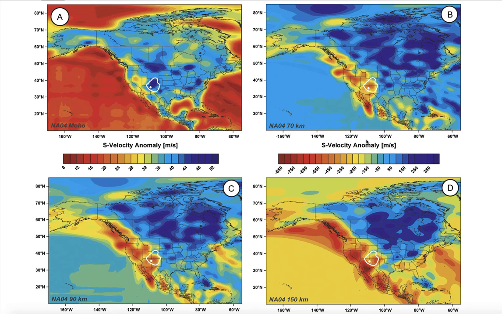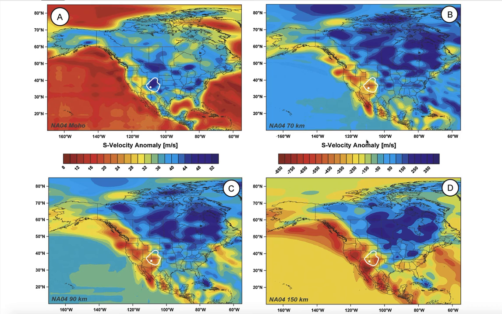Here we have the shape of the North American continent, and the white circle represents the Colorado Plateau, and the white dot is the location of the volcano where I have taken the sample. And here we have the S-wave velocity anomaly in meters per second.